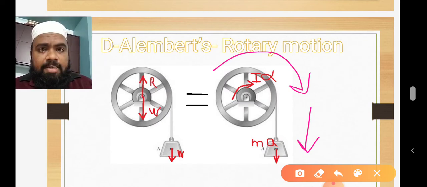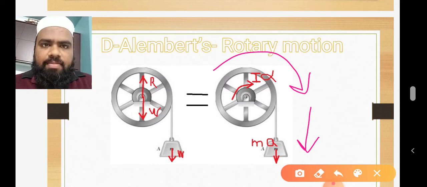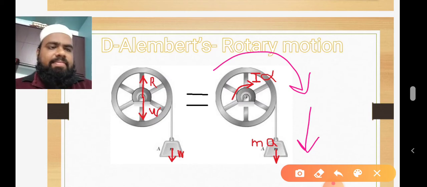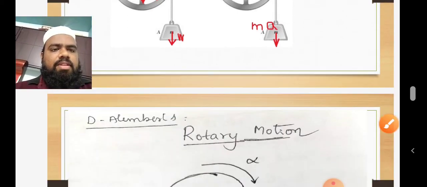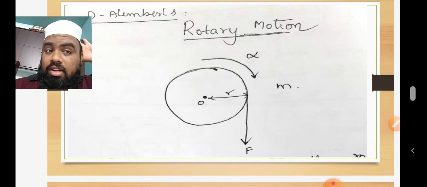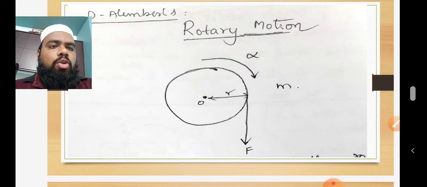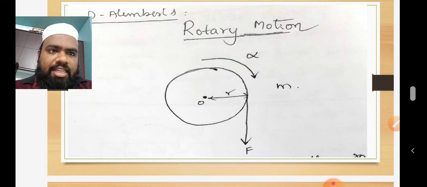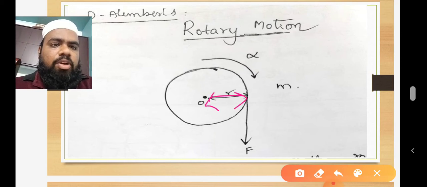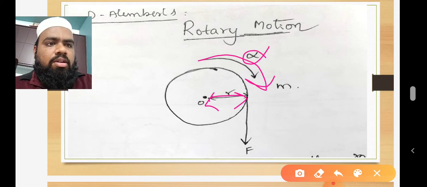So I alpha is nothing but the inertia for the rotating bodies, and ma is nothing but the inertia for the linearly moving bodies. That's it. Clear. So now D'Alembert for rotary motion. F is acting downwards, r is the radius of the pulley which is rotating, and this is the rotational acceleration.